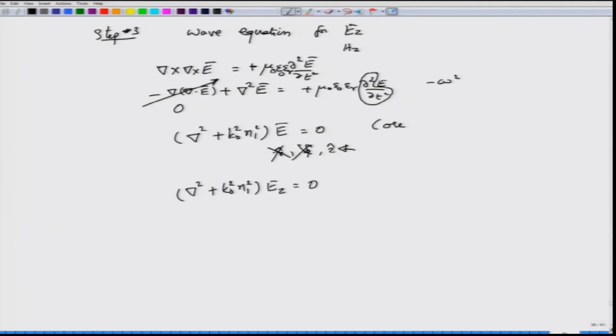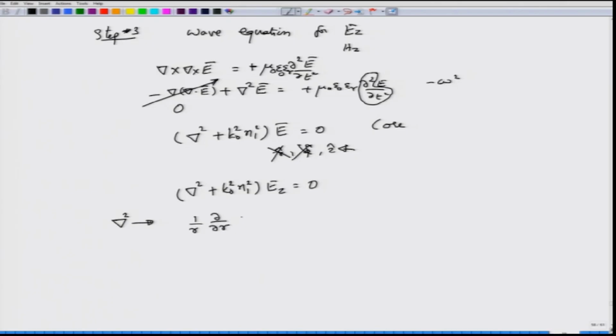Now, brace yourself for a little bit of a mathematical problem, because del square does not have a simple form as it had for the Cartesian coordinate system. Del square in this case actually has a form which is a little complicated because we are dealing with cylindrical coordinates.